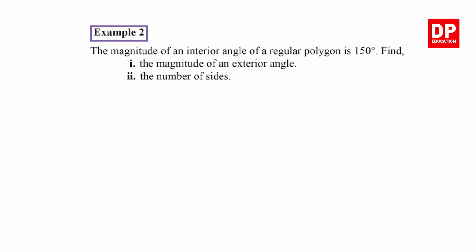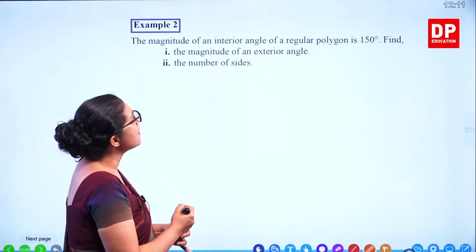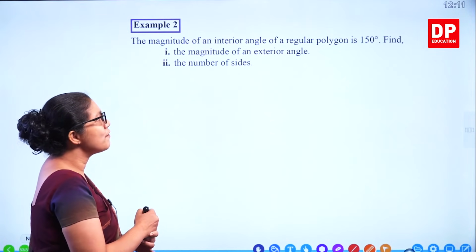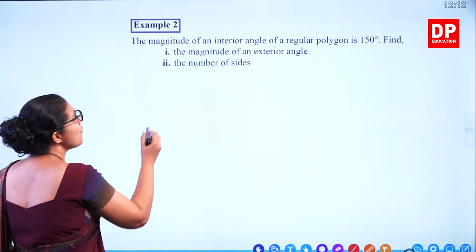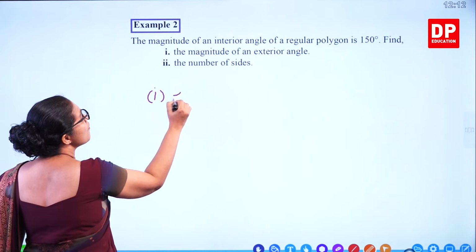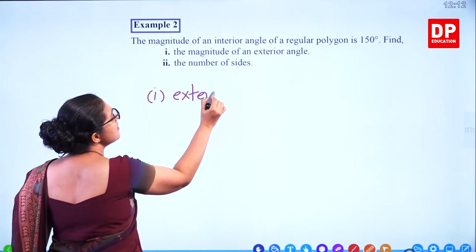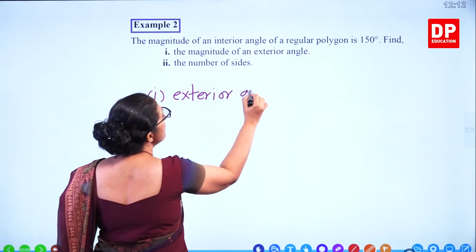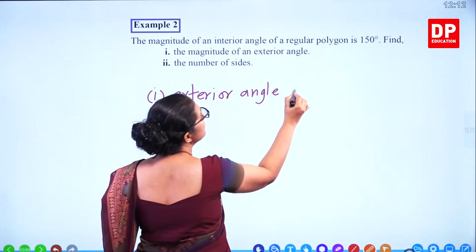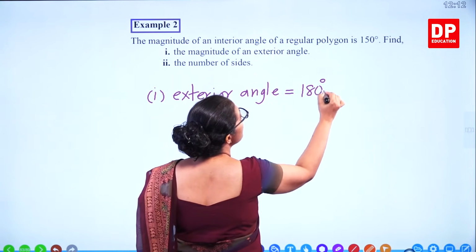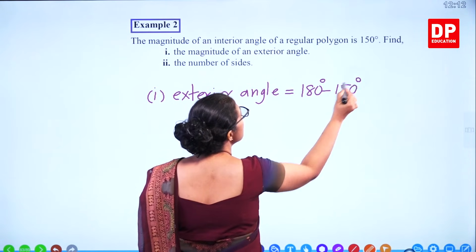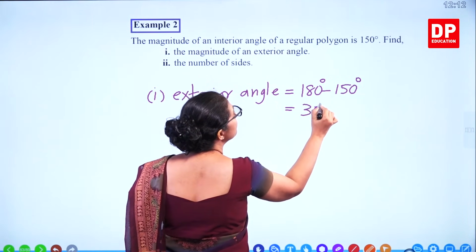Example number 2. The magnitude of an interior angle of a regular polygon is 150. Find the magnitude of an exterior angle. So how do you find the exterior angle? Just subtract from 180. 180 minus 150, that's 30 degrees.